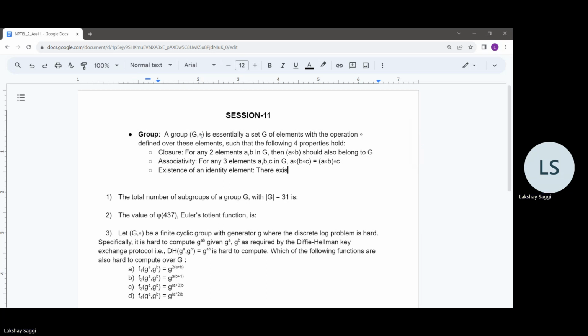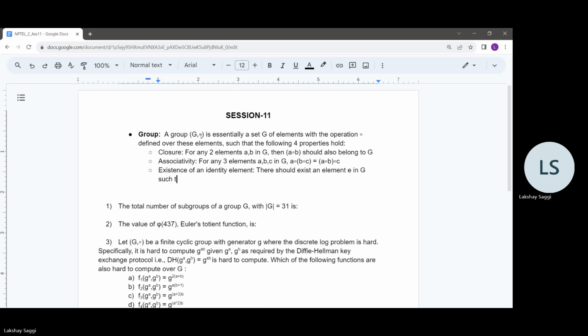So there should exist an element E in G such that for any element A in G, the value of A o E should be equal to the value of E o A, and this should be equal to A itself.